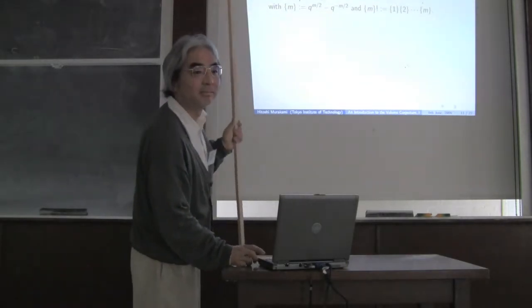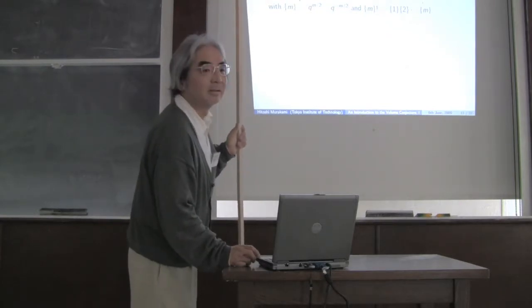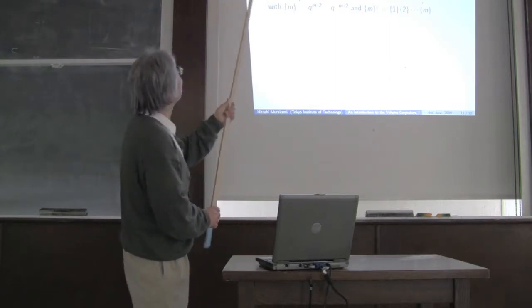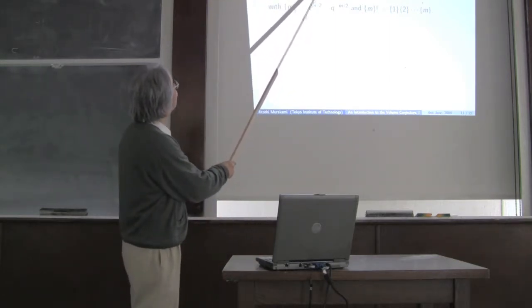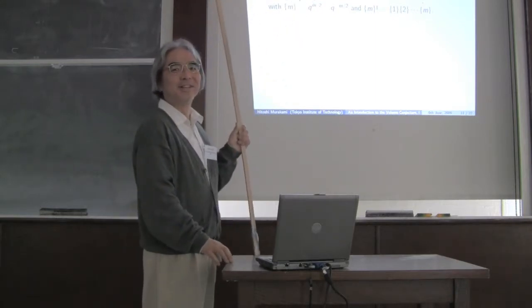Even though this looks like a sum, it is not a sum. There's only one nonzero term, because this is the Kronecker delta, so most of them are 0. So you don't need to worry so much.